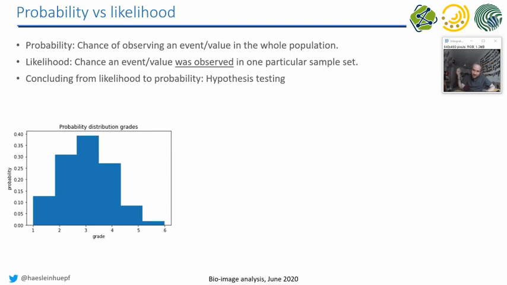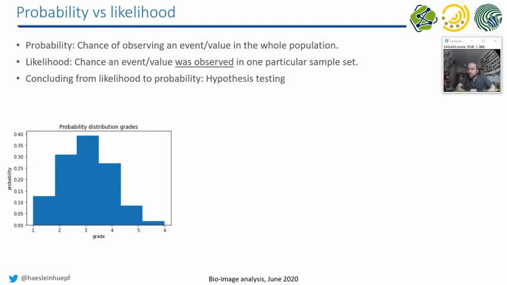So the one thing is a theoretical one. The population gives us a certain probability. The population has properties. One of these properties is the probability of an event happening in this population. So for example, the probability of finding a person which is 1 meter and 80 centimeters tall. So there's a certain probability associated with that.